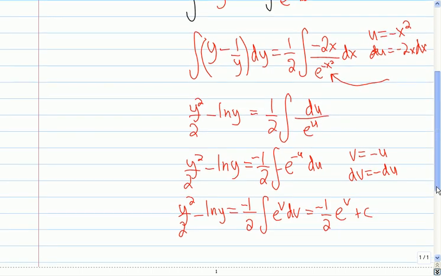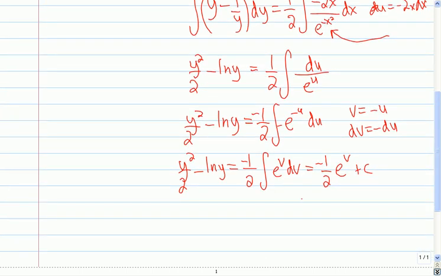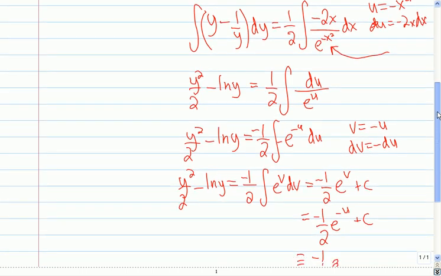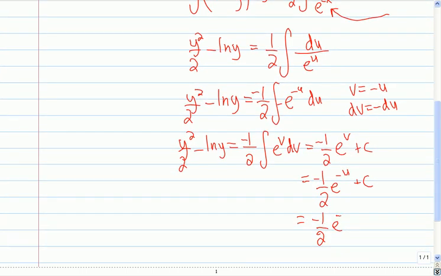So if I unwrap all this, I'll have to then replace it with negative 1/2 e to the negative u. That would then become negative 1/2 e to the, let's see here, negative x squared. So this would turn out to be 1/2 e to the x squared plus a constant.